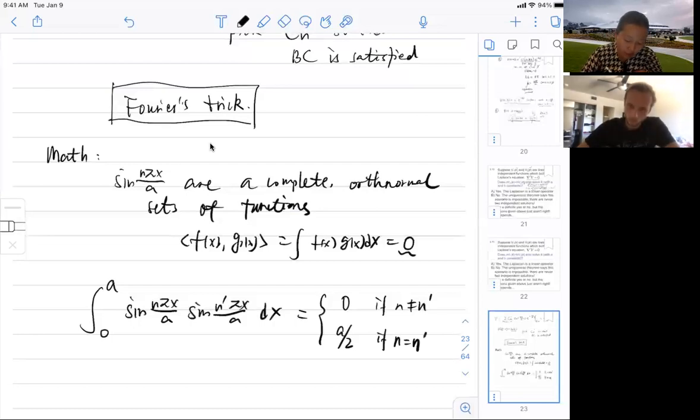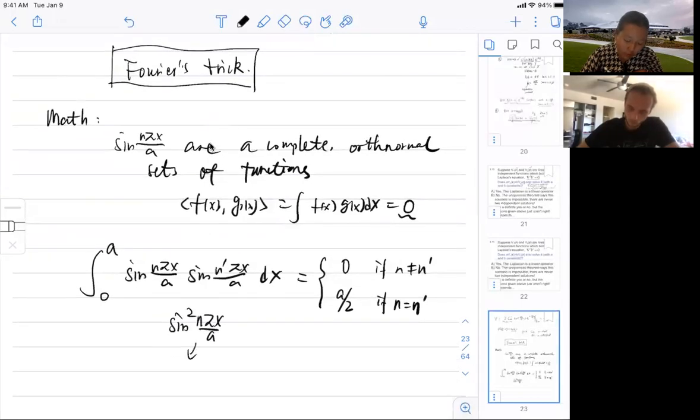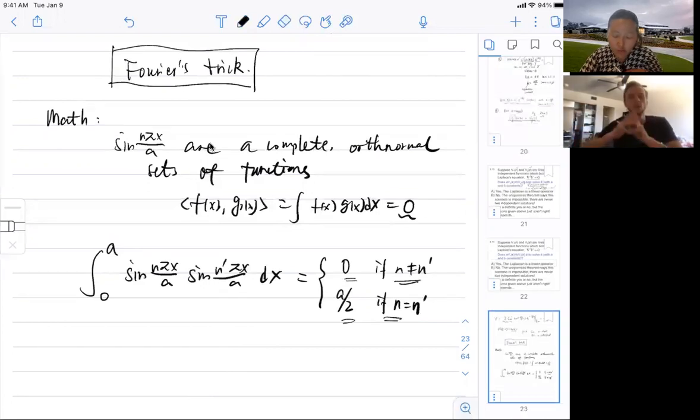Just set them to be equal, so this becomes sine squared of n pi x over a. You can change that into one half times one minus cosine of something, and this can be related to cosine of 2x. You can just go ahead and verify that later after class. Unless they are equal, this integration becomes 0.